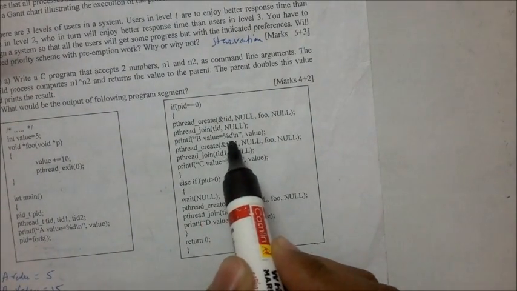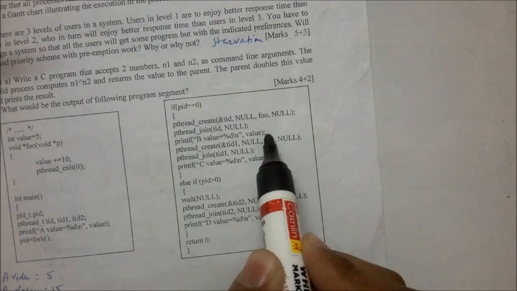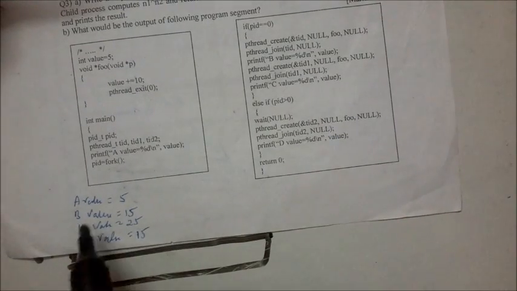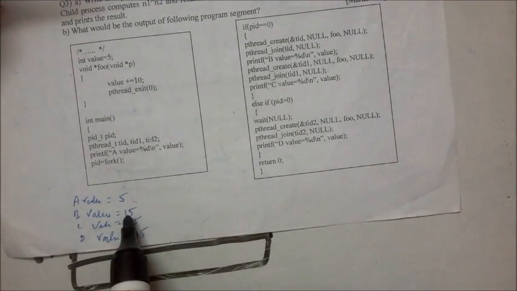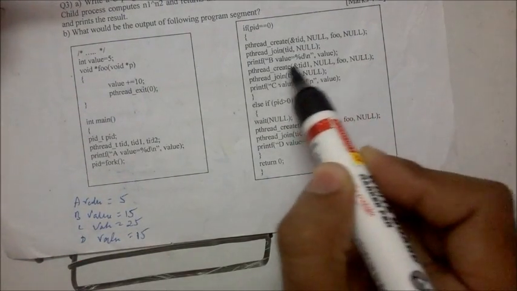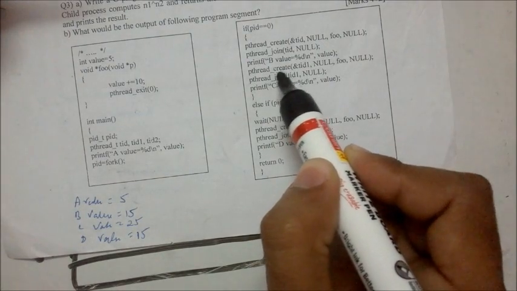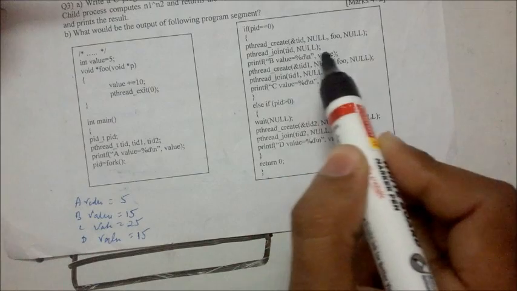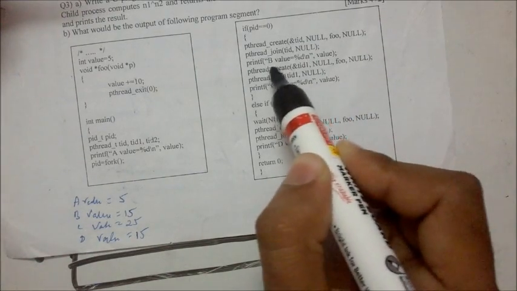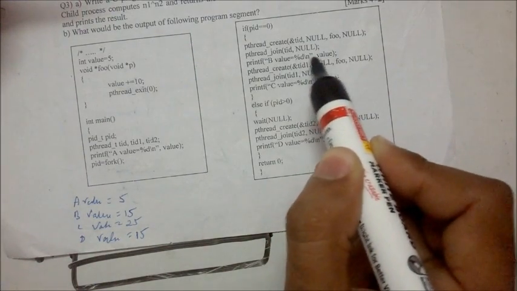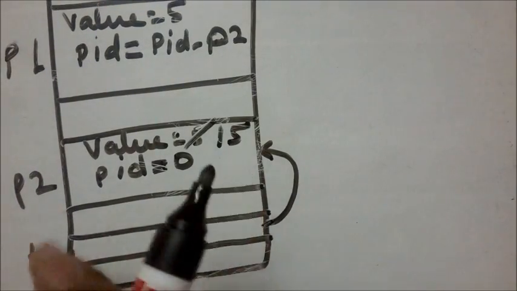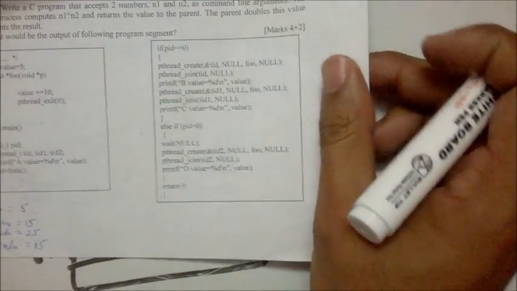Then printf b value equal to percentage d value. So b value is equal to 15, right? Because this statement is executed by the child process, that is P2, and in P2 value is equal to 15, right?